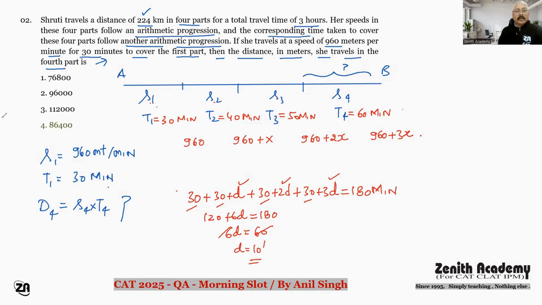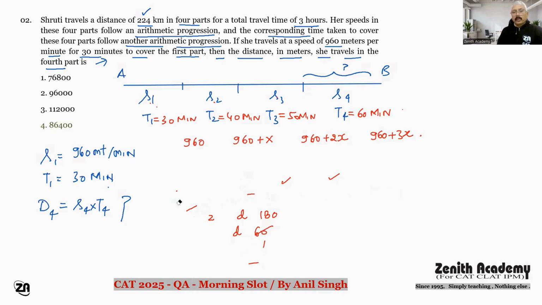Now it is given the total distance traveled by Shruti is 224 kilometers. So the total distance is 224 kilometers. Means the first part she traveled with the speed S1. S1 is what? It is 960.